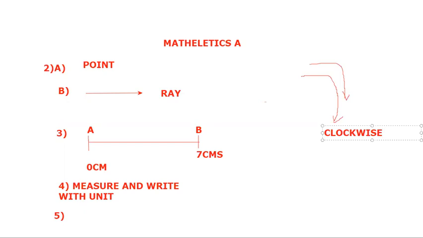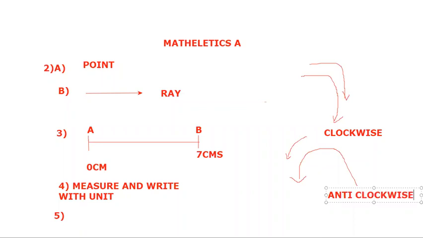It is very important in case of geometry. And if any line moves in the opposite direction, that means towards the left, it is called anti-clockwise direction. What is it called? Anti-clockwise direction.